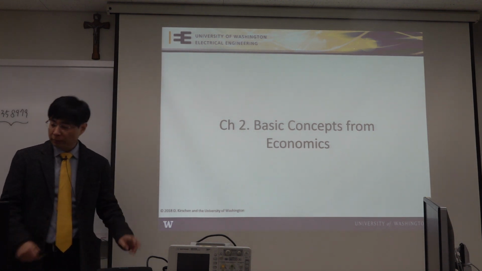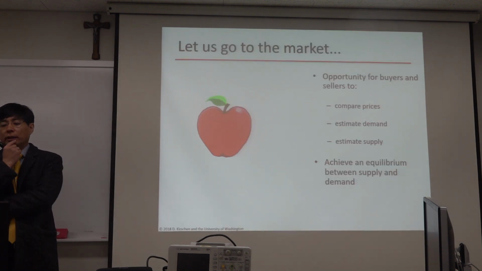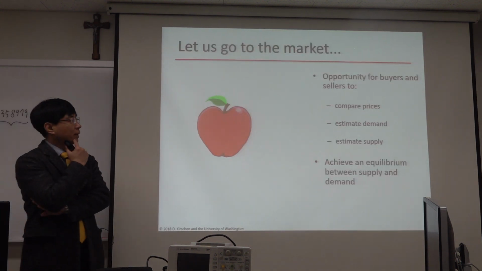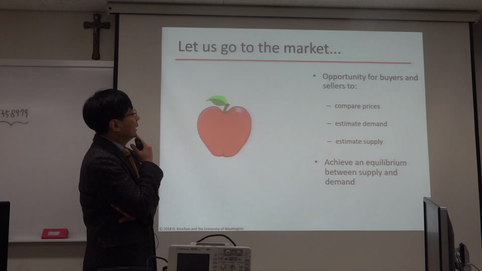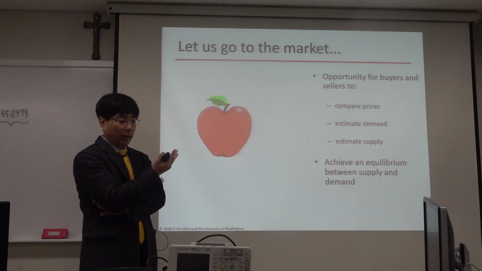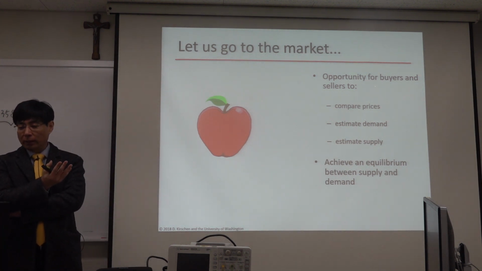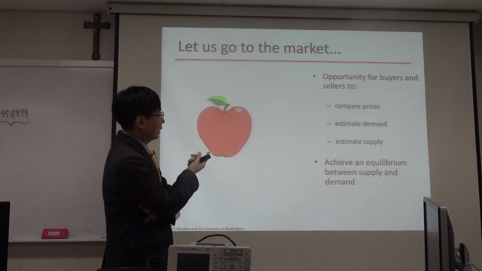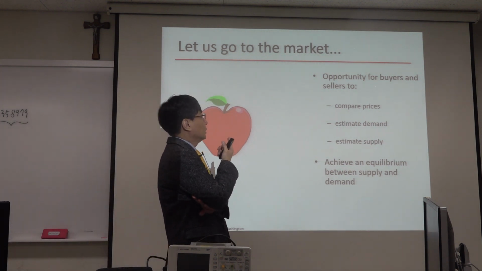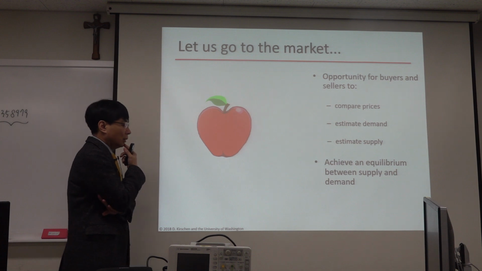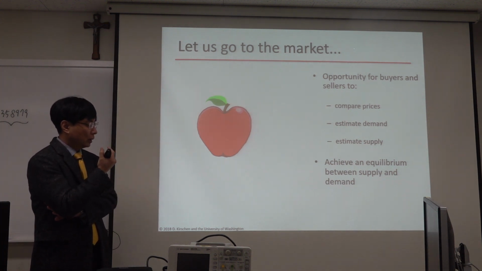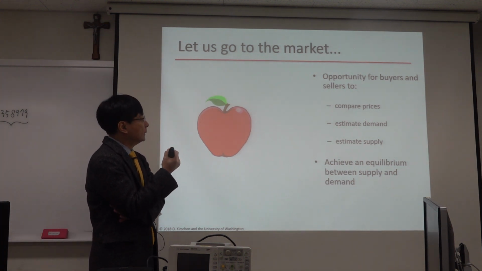economic perspective. So let's go to the market, and you want to buy an apple. So, hey, we have a notion of market now. So you go to the market, and there are opportunities for buyers and sellers. And when you want to buy an apple, you need to compare prices.